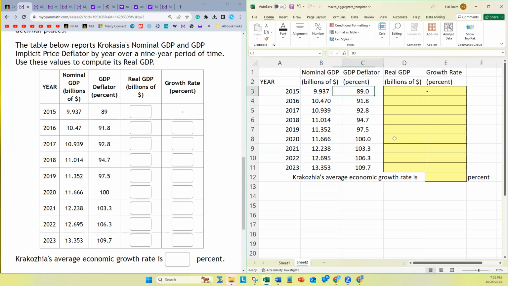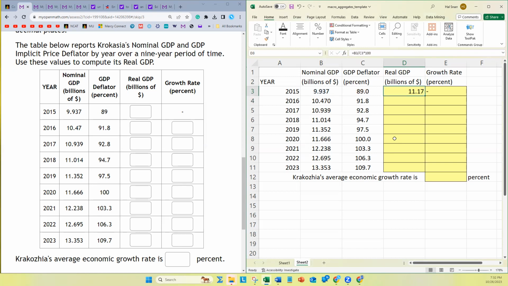So what we're going to do to calculate real GDP, to strip out the inflation, get rid of the inflation in nominal GDP, is divide nominal GDP by the deflator. And then the deflator, again, is in percentages, right? So we have to convert it back to a decimal. Since we're dividing by the deflator, we're going to multiply by 100 to get rid of the percent.